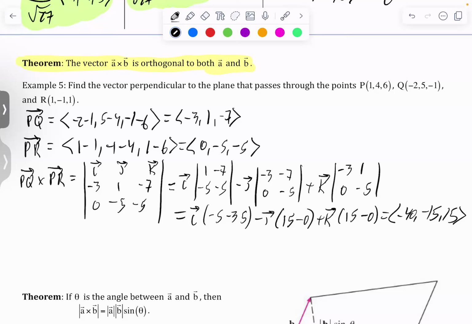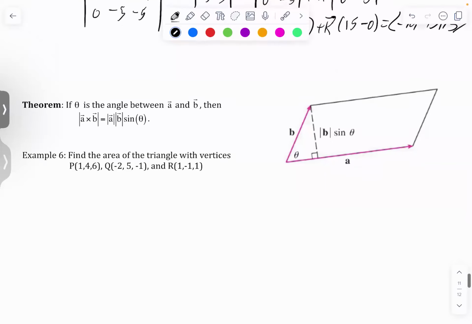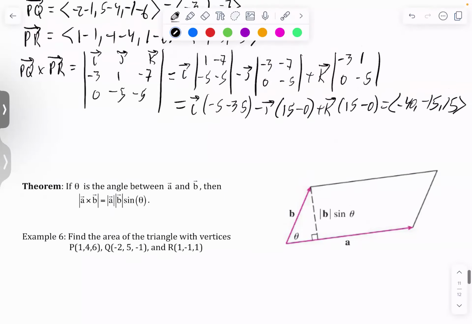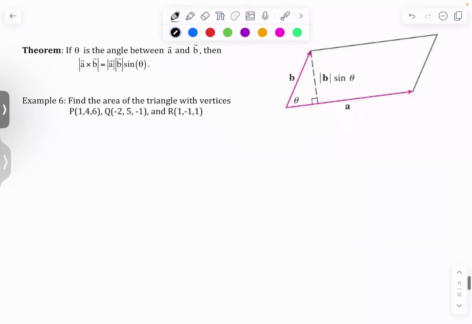Now, very nicely in these notes, we have a new theorem. So let's talk about our theorem. It says if the angle theta is the angle between vector A and vector B, then the magnitude of the cross product of A and B is actually the area of the parallelogram that you see to the right here, which is super cool.